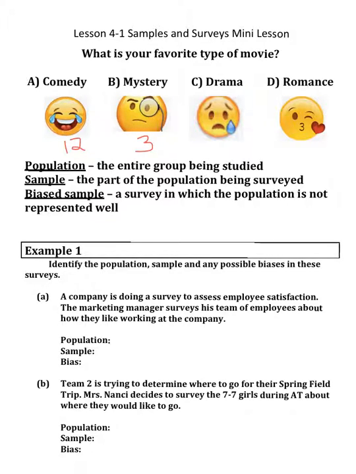For drama, we have 2. And then we have a bunch of people who like that sappy romance. So we're going to say that we have 7 votes for romance. And so, of course, that gives us a grand total of 24 total people.